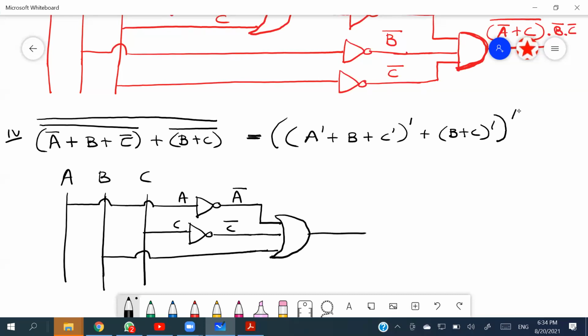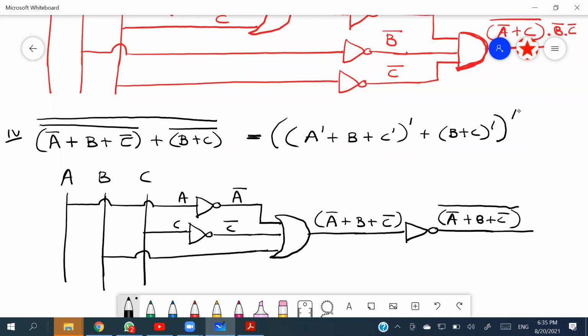So it's going to give me A bar plus B plus C bar. Then I can send this through a NOT gate, which means you can take A bar plus B plus C bar, or you can straight away use a NOR gate, since I have not mentioned in your question to use only the basic gates, right? So anyway, this is going to happen like this.